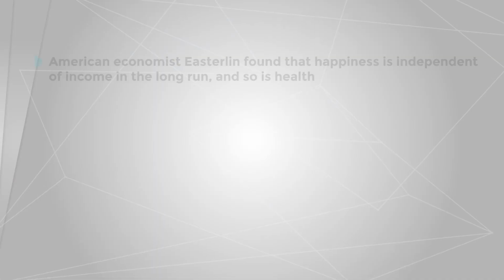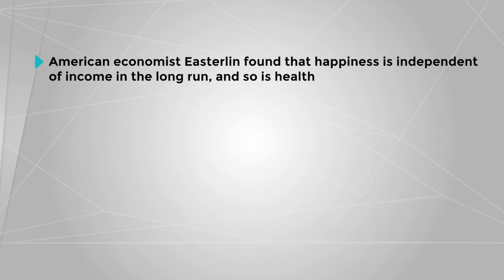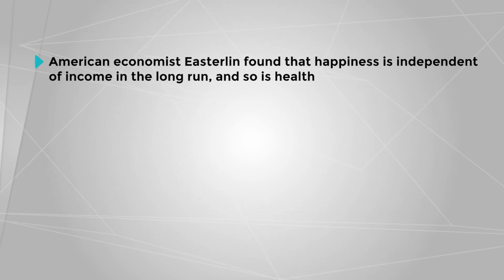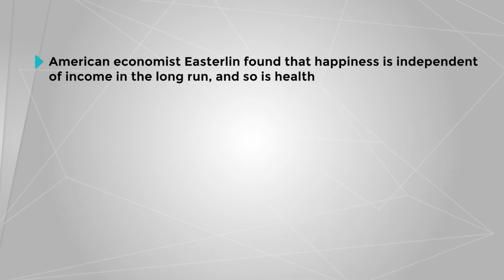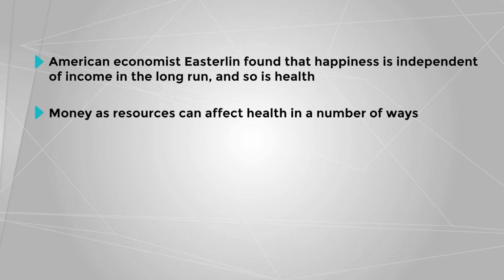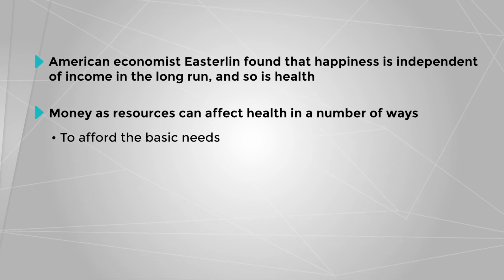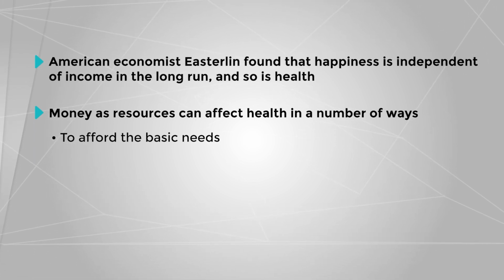When researching a happiness topic, the American economist Easterlin found that happiness is independent of income in the long run, and so is health. Money as a resource can affect health in a number of ways. People need certain level of income to afford basic needs of healthy life, such as food, water, and shelter.